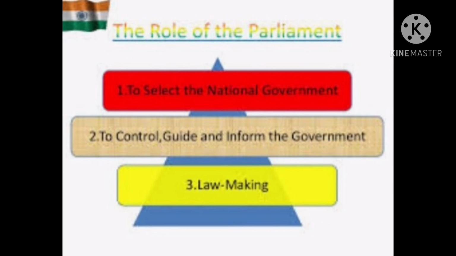So in this way, Parliament controls the executive as well as guides and informs the government. Got it? See children, in this way, the Parliament is a key aspect of the functioning of Indian democracy. Yes, through Parliament, through our people's representatives only, the democracy will be applicable.